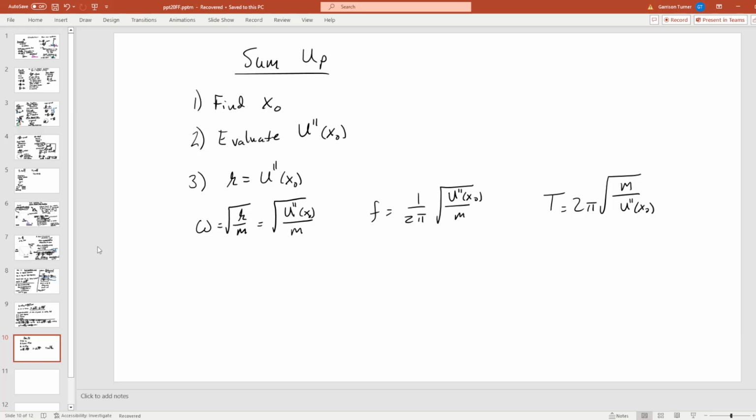An example of an unstable equilibrium, like that balancing point. Think of an unstable equilibrium potential energy function. Then the peak of that point is your equilibrium point. That's a local maximum.